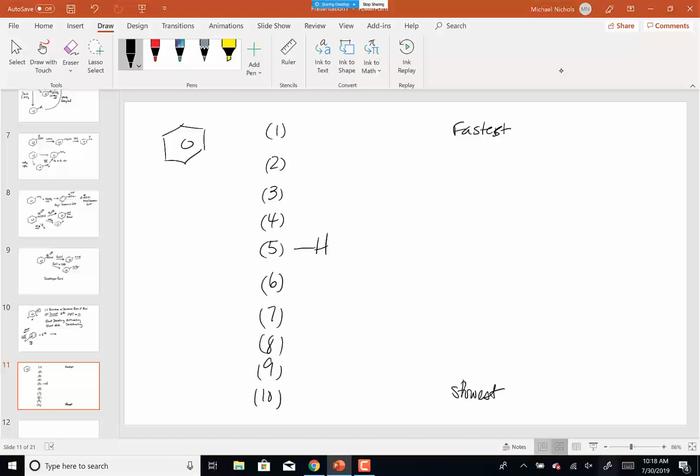And so we need to make that list. The first 4 groups are going to push electron density in, so they are going to be activating groups. Of course, benzene itself is kind of the baseline, so that's number 5. And then 6 through 10 are going to be deactivating groups. So this is the chart we need. You need to know this chart from number 1 to number 10.